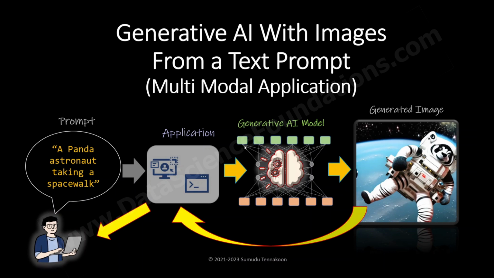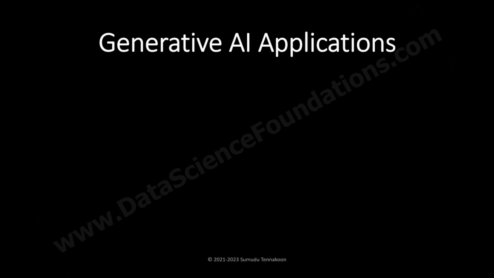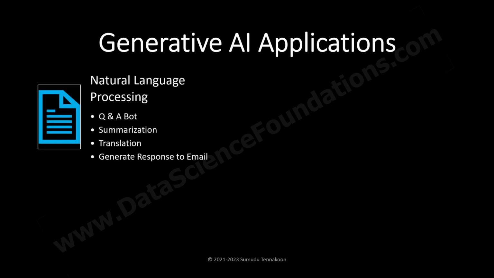With that understanding, now let's look at some different applications of generative AI. First one, natural language processing. So we learned one modality is text, understanding natural language, processing and generating. Natural language processing has various tasks.